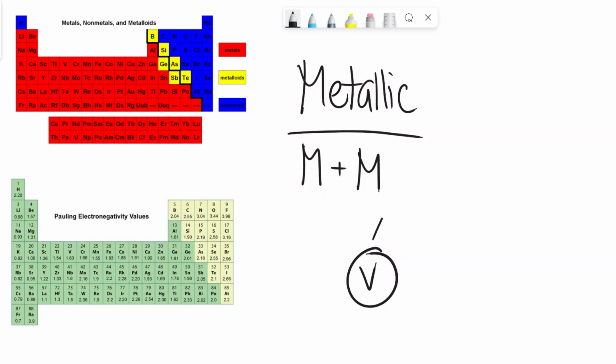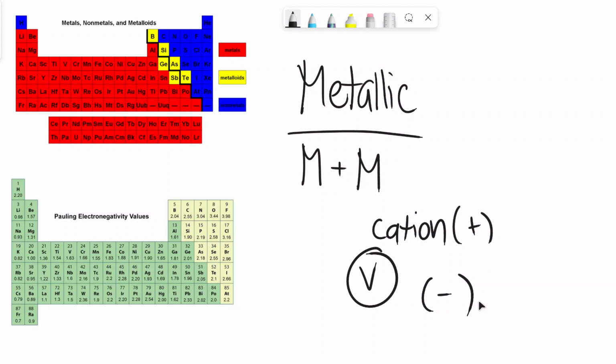This makes vanadium become a cation. Remember, cations are positive, and electrons are negative. So there's going to be an electrostatic connection between the central cation and the delocalized electrons. And that's basically going to be your metallic bonding.